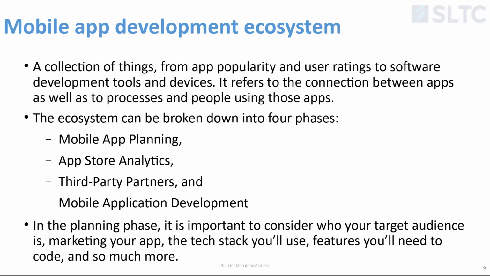So we might need a connection to the bank. We might need a connection to a telecom company. So those are called third-party partners. And comes the actual mobile application development. So these are the 4 different things that we can identify in the ecosystem.